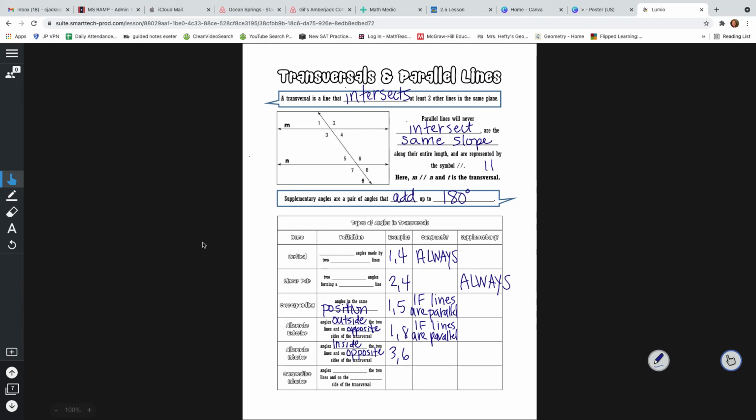Congruent. Look at 3 and 6. They're not complementary. Congruent, if lines are parallel. So alternate interior angles are angles inside the two lines and on opposite sides of the transversal, and they're congruent if lines are parallel.